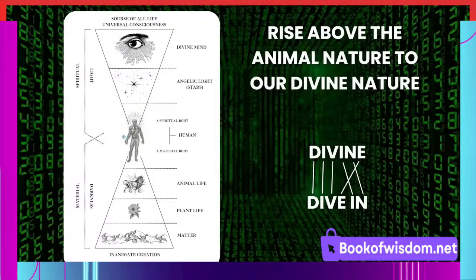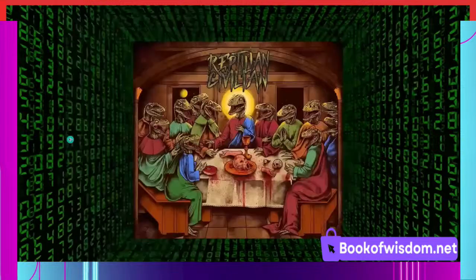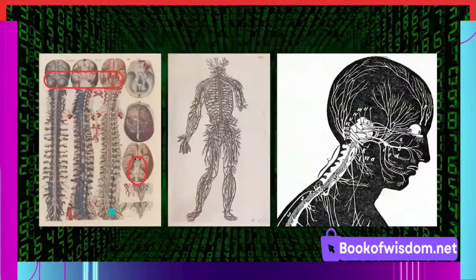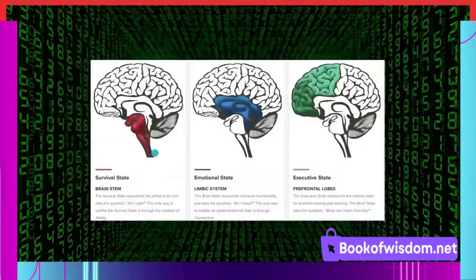Your consciousness is controlling the brain. The brain is a computer. And when our consciousness, our imagination, our emotion, our thoughts, and our memories are all contributing towards just survival things, food, safety, fear, all of these things, and our consciousness is locked into a survival state, we are using the reptilian brain.